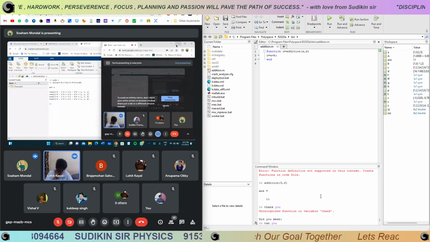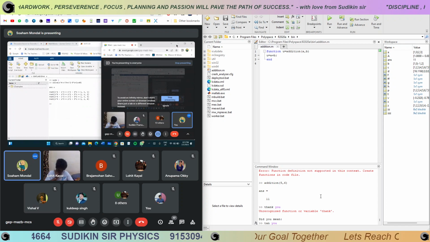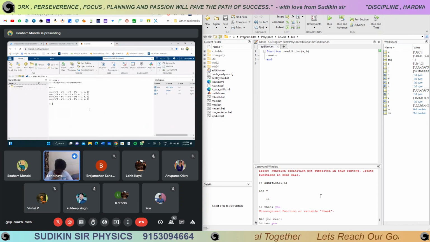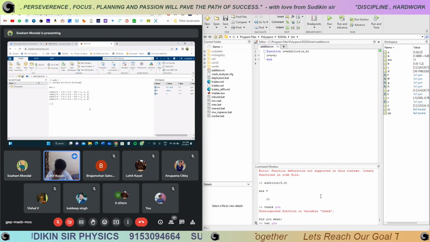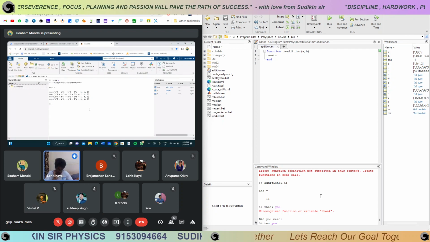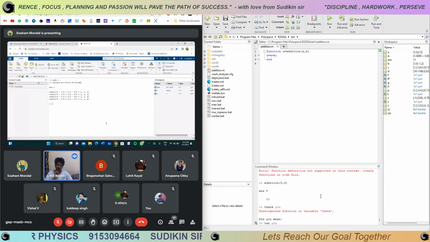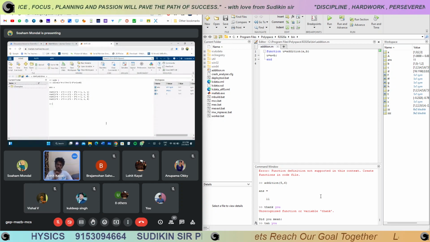Sir, is my screen visible? Yes. Okay. So you are getting something like this: solve x to the power 4 minus x cube plus x square minus 3x plus 1. Change it to some other function, suppose x to the power 4 minus 1.